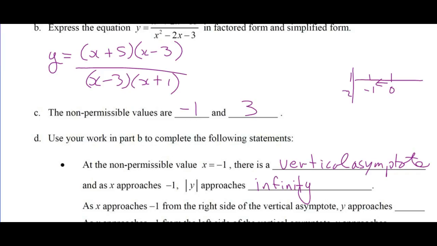So here's what we do. Negative 0.99 plus 5, that's a positive value. Negative 0.99 minus 3, this is negative. So this will be plus, this is negative, and that guy's also positive. So I got plus times minus over plus times minus. So I have a negative over negative, which is positive.